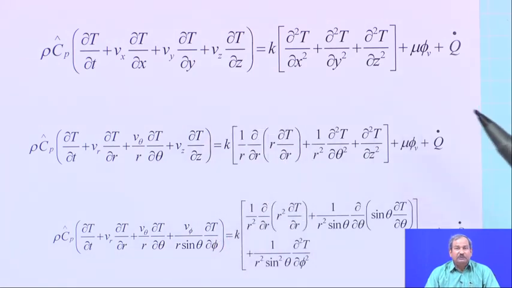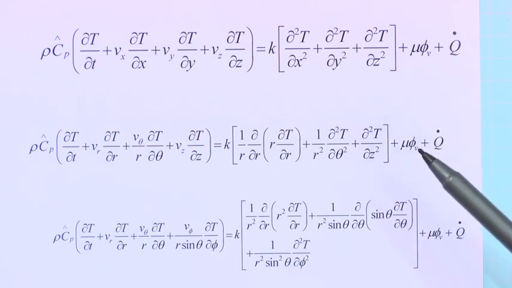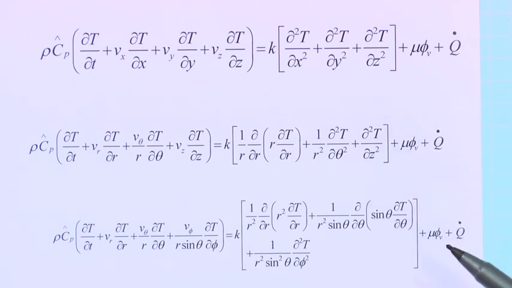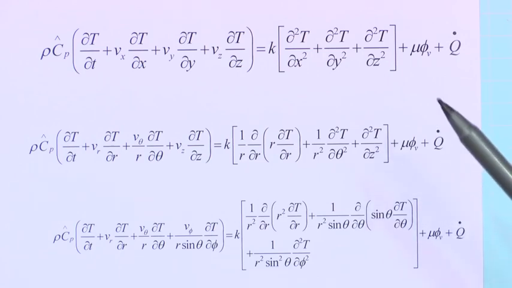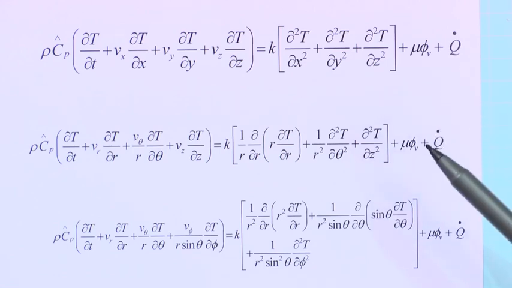And if you look at the equation, I have added this phi v term in all three equations. This phi v refers to the viscous dissipation, the energy generation due to viscous heat, which in most of the cases, as I have mentioned before, may be neglected.